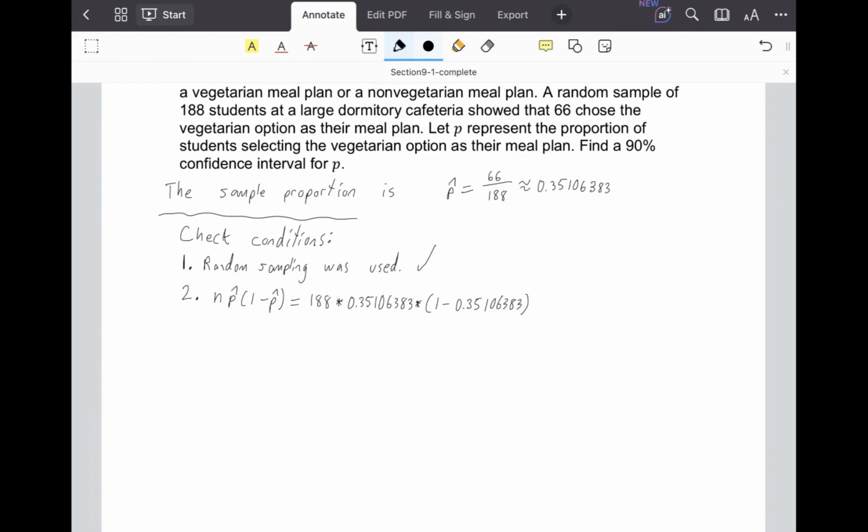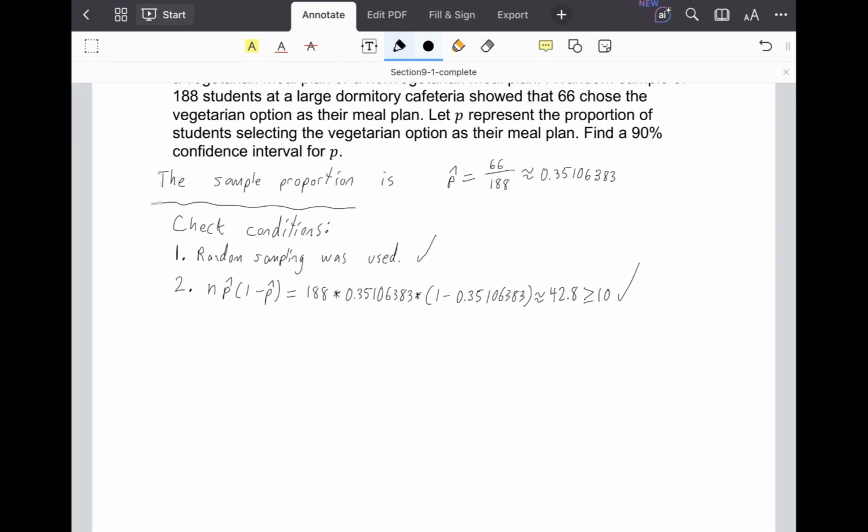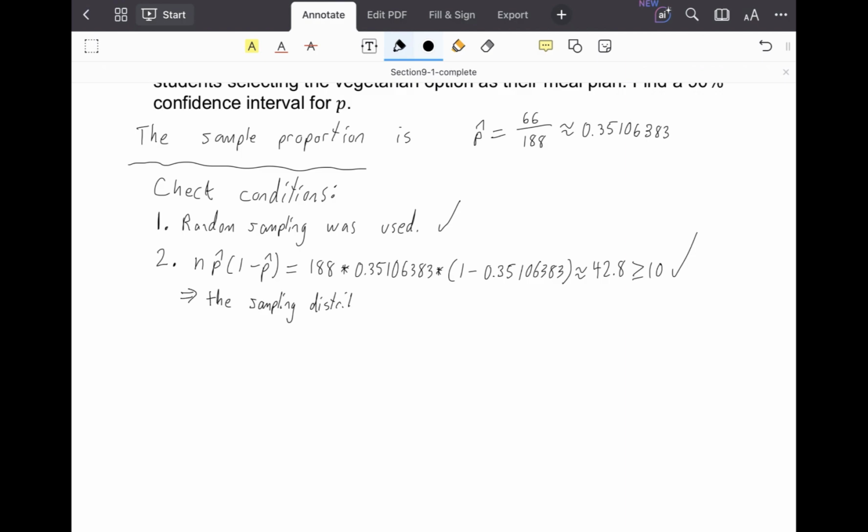They're critical. And when you plug that in the calculator, you get about 42, actually about 43, 42.8, which is definitely greater than 10, which is good. That's exactly what we needed for this condition. And because of this, I'm just going to put an arrow here. We'll say the sampling distribution is approximately normal.